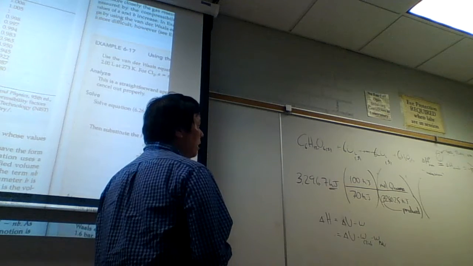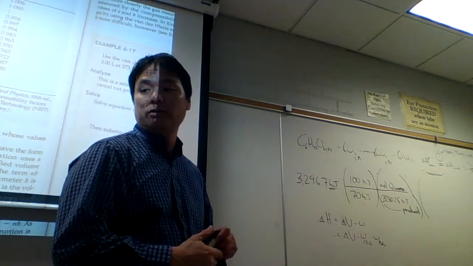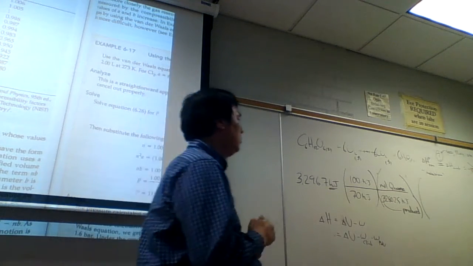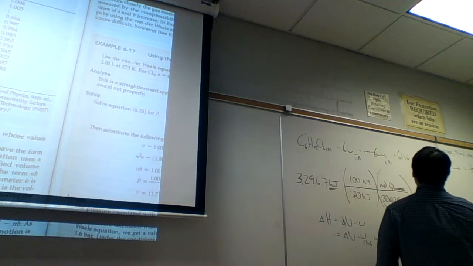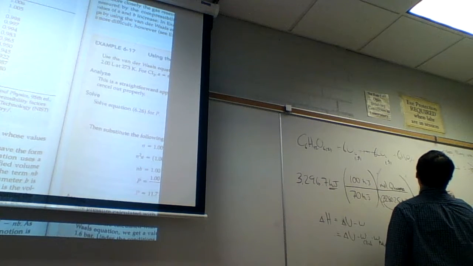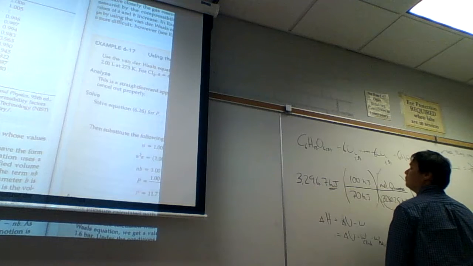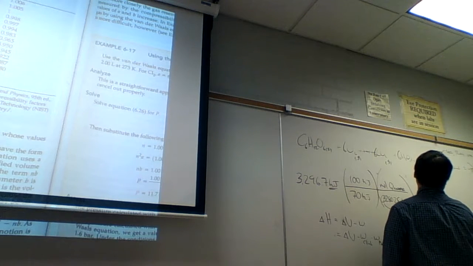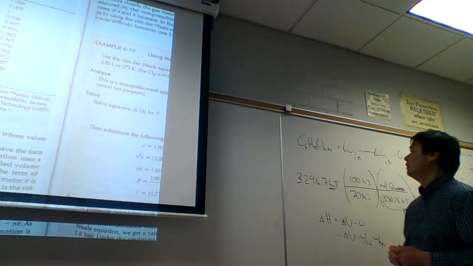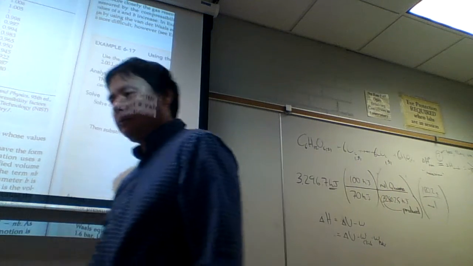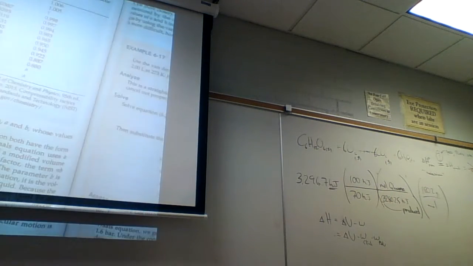All right, and then how much does glucose weigh per mole? 180.2 grams per mole, if I recall, but let me double check that.